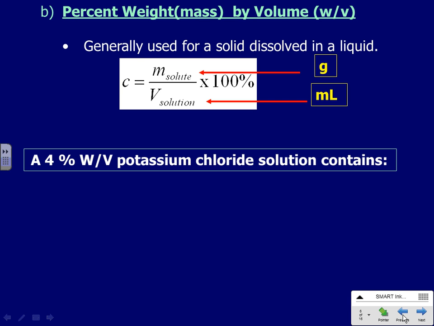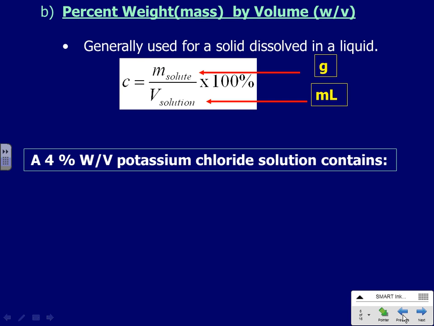That's kind of a tricky one because you'd multiply everything by 1,000. We'll just stick to grams and milliliters for this one. But you could have everything multiplied by 1,000 and have then kilograms and liters. So now it's a mass of solute over volume.